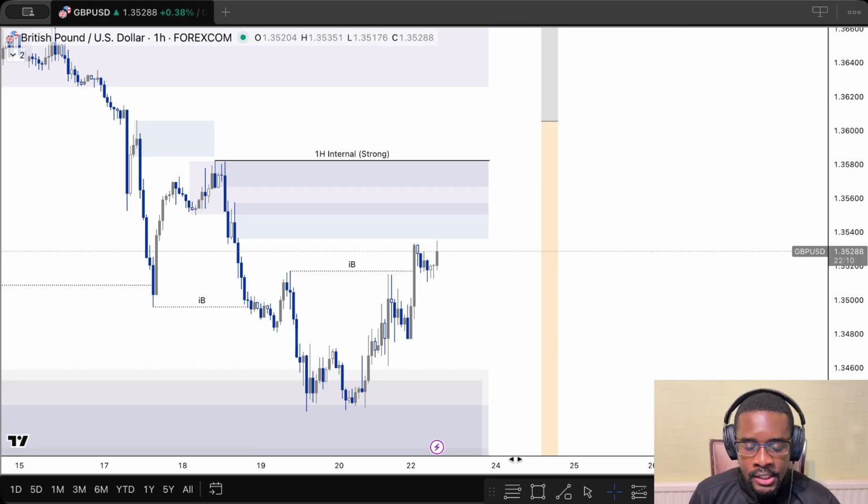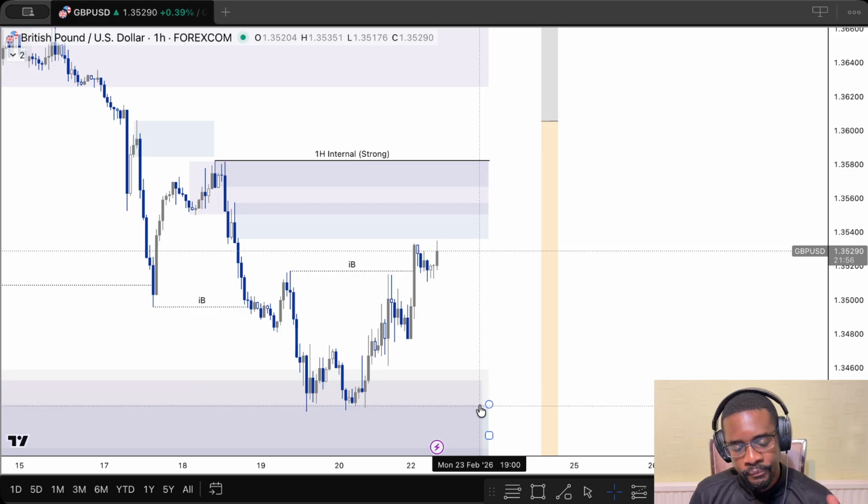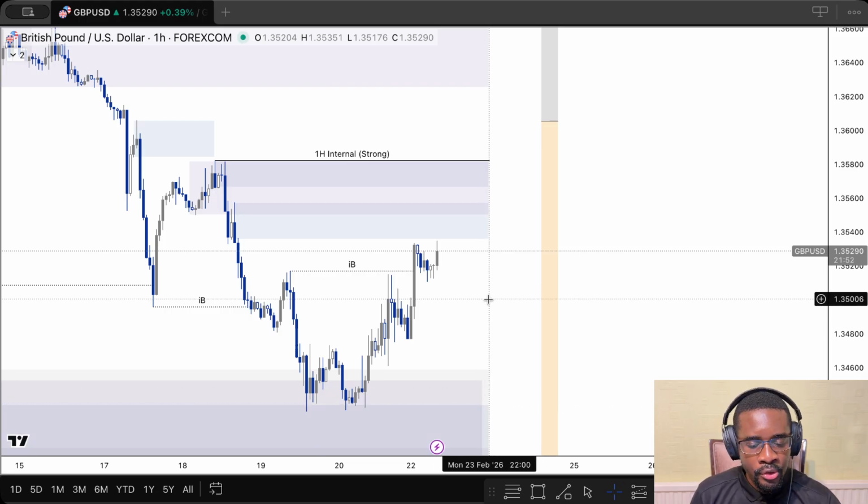Understanding that from a high time frame, we were in a bearish pullback. The pullback could be complete, who knows, or it could just be making another retracement before it continues. So we have to anticipate and react accordingly.